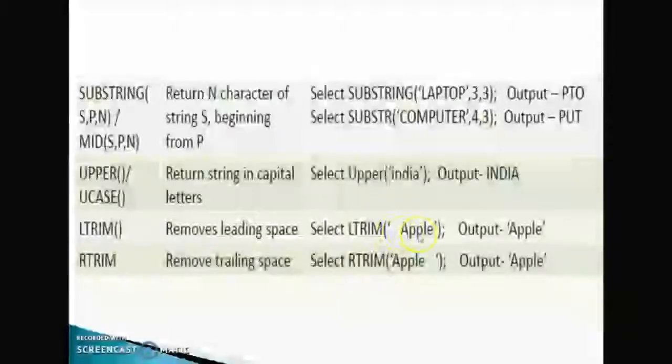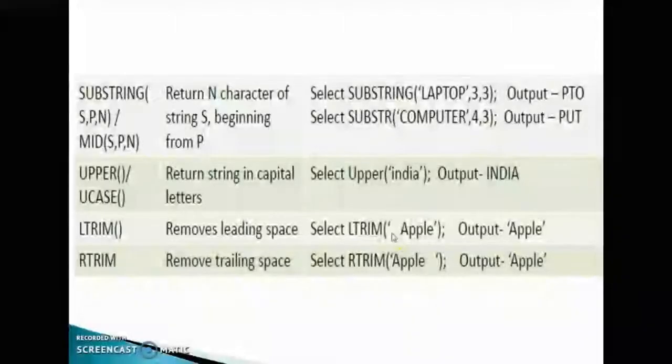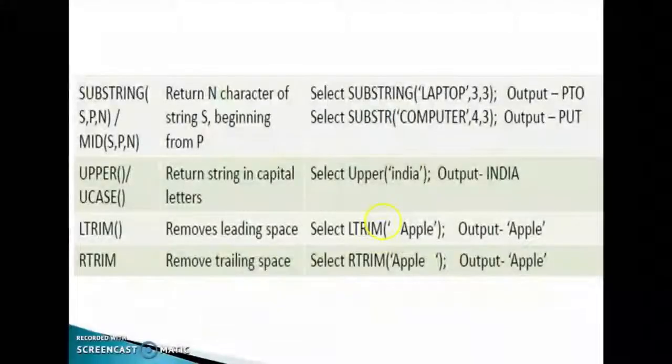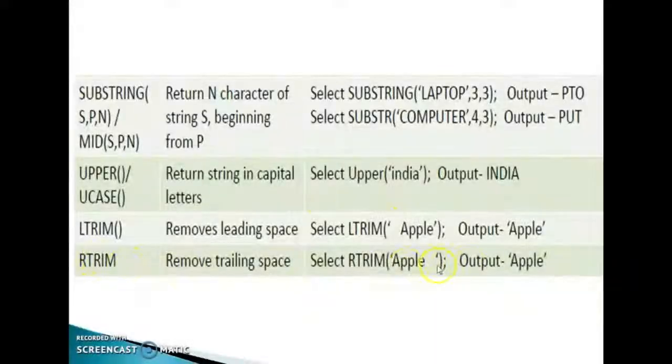From the beginning we have to remove this space. For that we can use this Ltrim. Then Rtrim. After this apple I used some space. We have to remove the space from this text, so we can use this Rtrim.